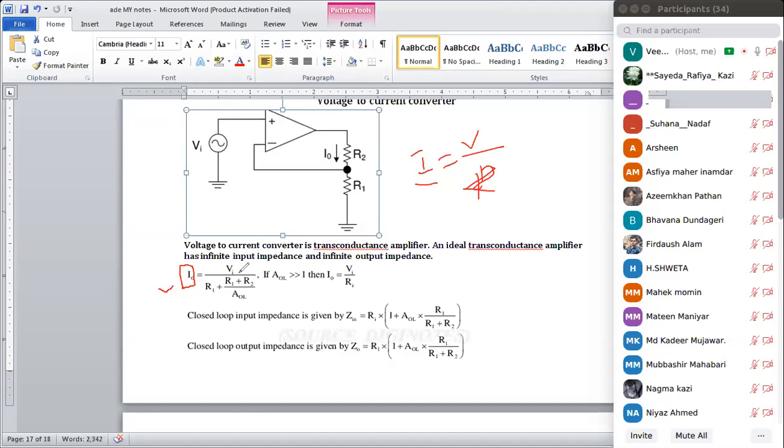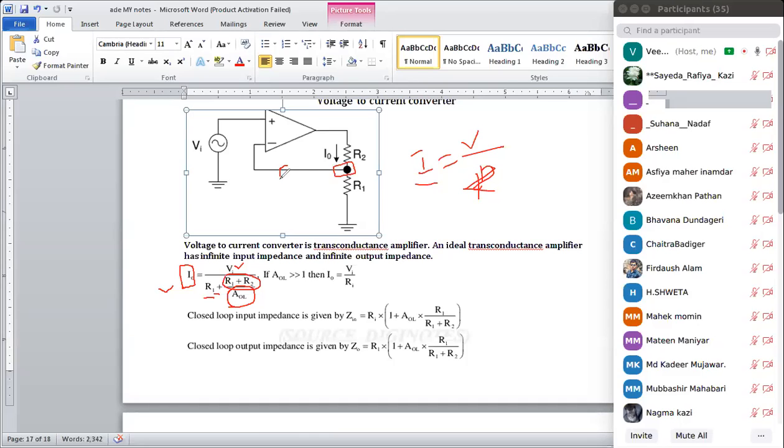So I naught is equal to VI, the input voltage, divided by R. Then what is the R? Here it is a total resistance, R1 plus R2, which is a series, divided by the gain.